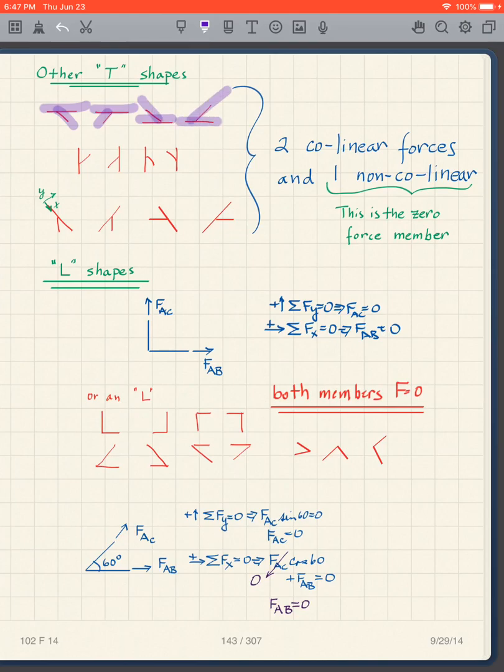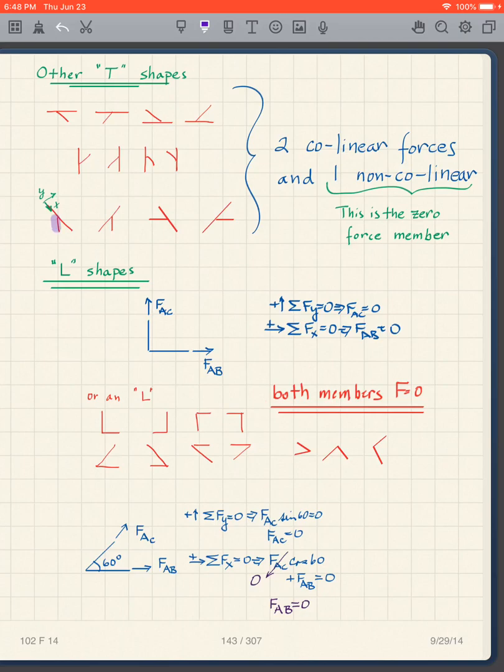It can be sideways like that, or like that. In other words, I can rotate my x and y axes to look like that, and I still get the stem of the T for this one too, and there are other orientations and things like that.